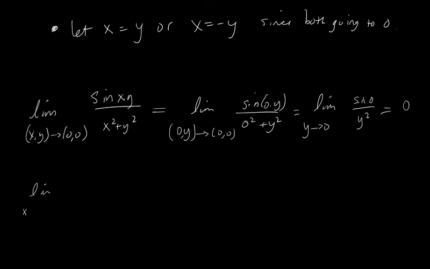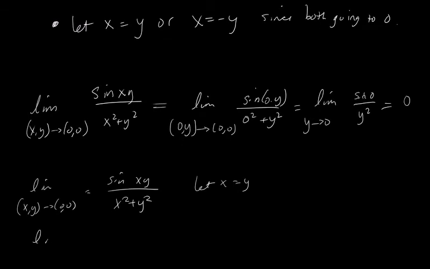But watch what happens if I change it up a little bit. So now I'm going to let (x,y) go to (0,0) by first allowing x equal to y. So sine of xy over x squared plus y squared. So I'm going to let x be equal to y.